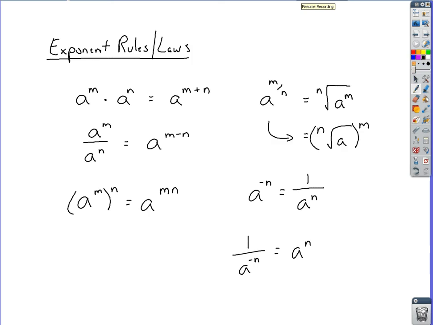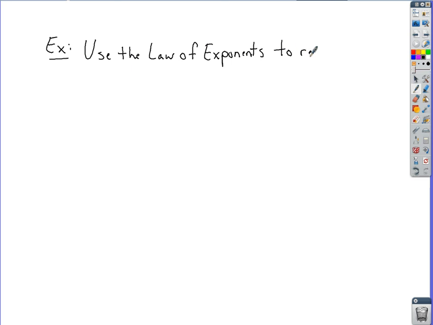All right, so all of these are useful rules that we're going to try to apply to the examples today. For our examples today, we're going to use the law of exponents to rewrite and simplify the expression.